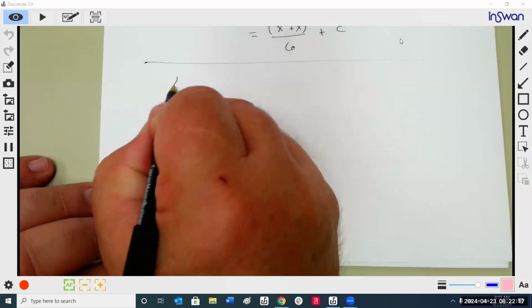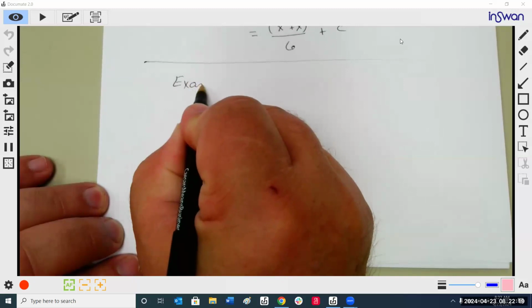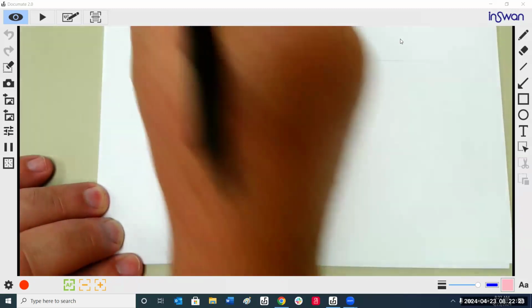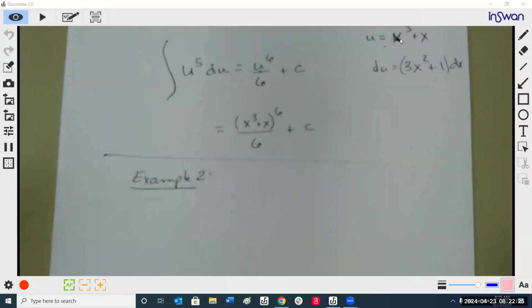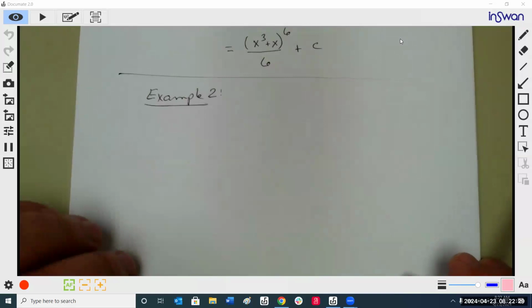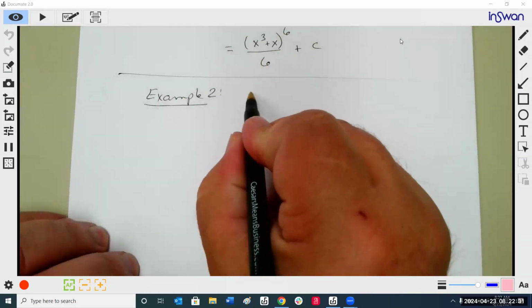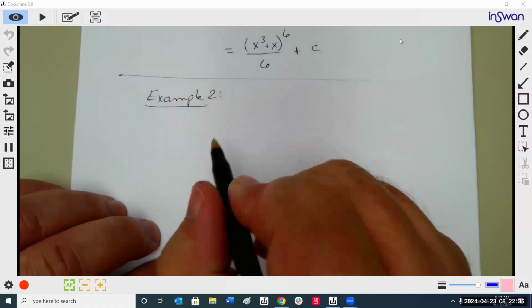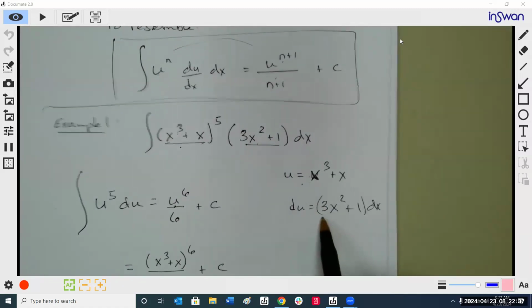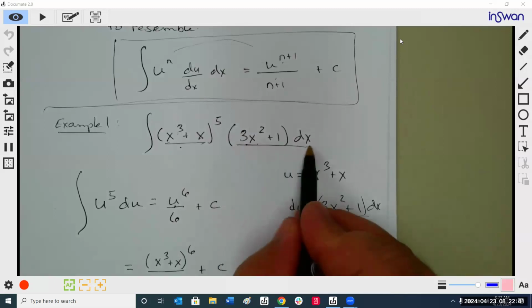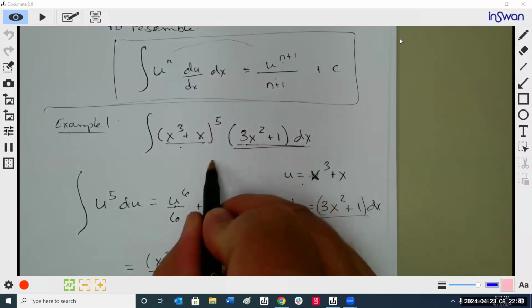All right, let's look at example 2. Well, we don't know anything further because we have no bounds. These are all indefinite integrals. The du was 3x squared plus 1. So all this part here was our du.